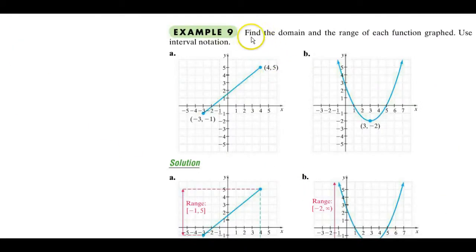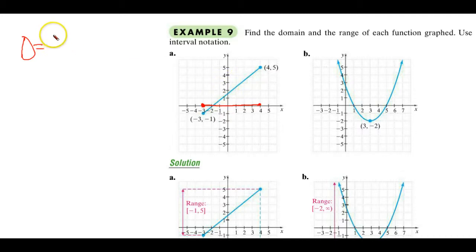Now, for number 9, they want us to find the domain and range of each function graphed, and they want to use interval notation. So for a strategy here, remember our domain are our x values. Well, what we do is we take our graph and project it to the x-axis, which is right there, and then this down to the x-axis, which is right there, and in a sense, that's our graph. These would be our x values involved in this function.